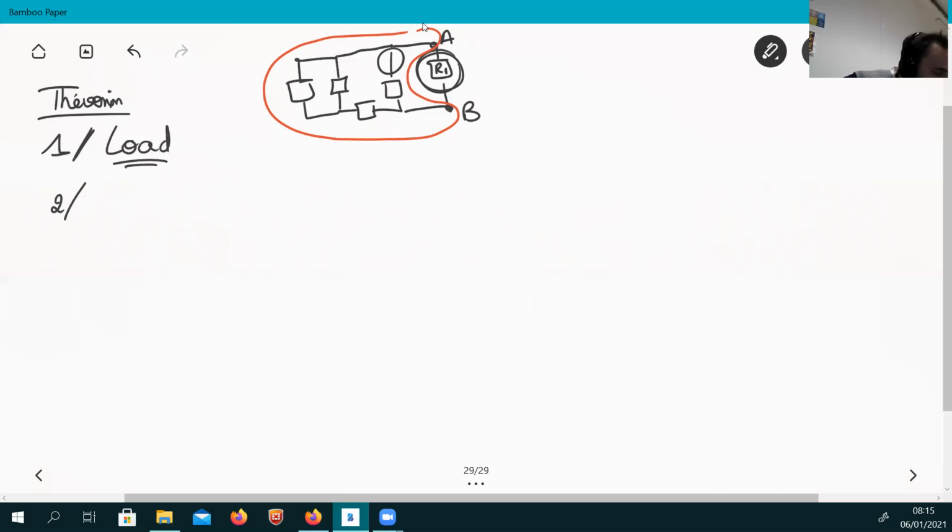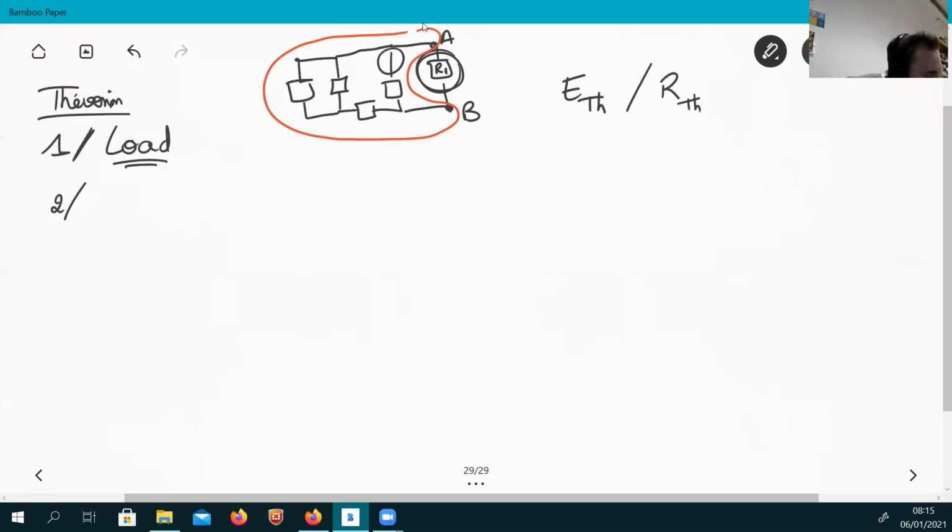Once you are done with this first step, then you need in the Thevenin model two parameters, which is what is the voltage of the Thevenin generator, which is a voltage generator, and what is the resistor, which is called the Thevenin resistor, equivalent to what is inside this red circle here.